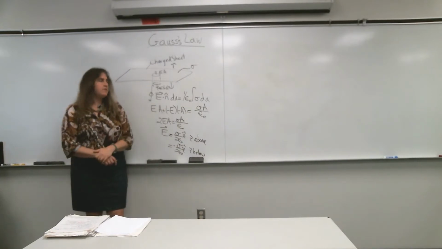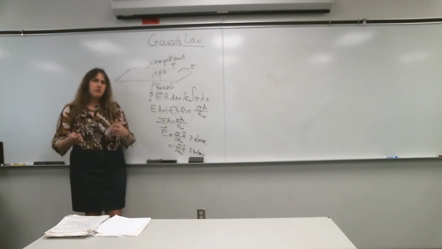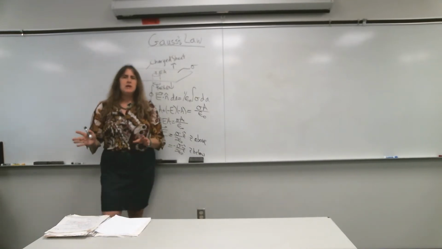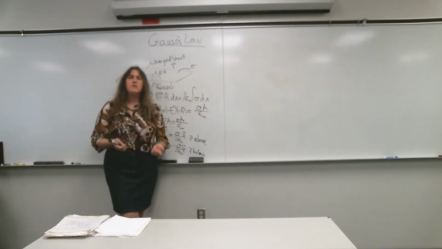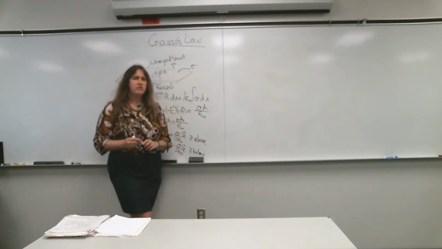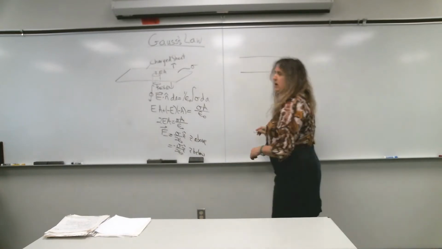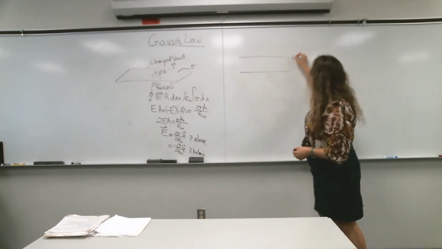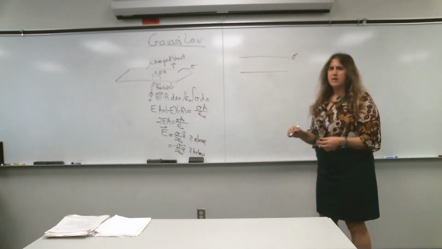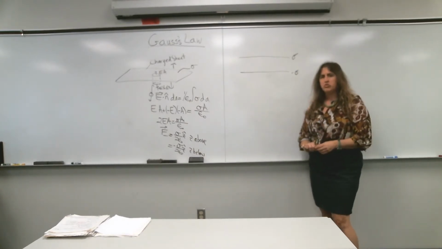Now let's take what we've learned here and apply it to a more complicated problem. I mentioned that Gauss's law can only be used when you have systems of a high degree of symmetry. So what do you do if you have 2 charged sheets? Let's suppose we have positive sigma on the upper sheet and negative sigma on the lower sheet.